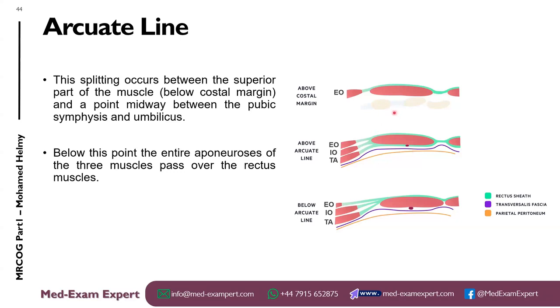So this splitting occurs from a point below the costal cartilage until a point midway between the umbilicus and the symphysis pubis. Because below this point, as we can see in the picture below here, the aponeuroses of the three muscles all pass over the rectus muscle, and the rectus sheath posteriorly is just made by the transversalis fascia, which is in the blue color here.